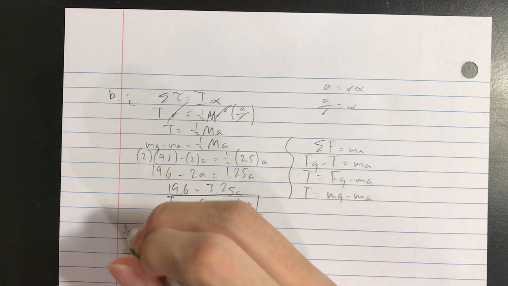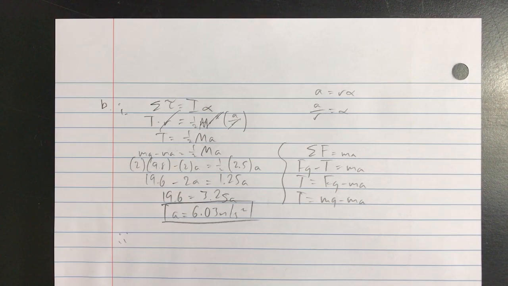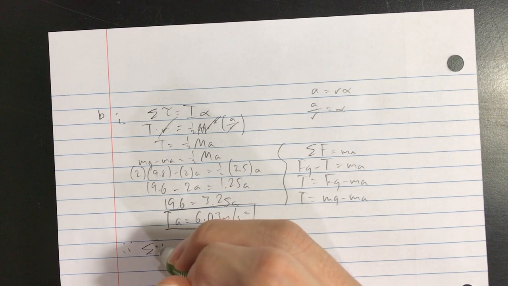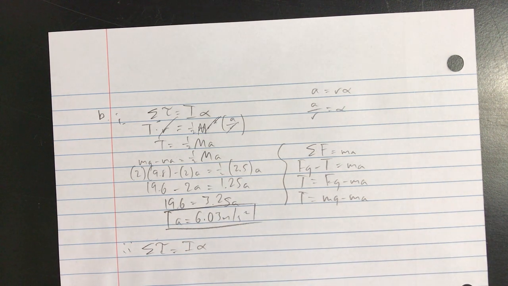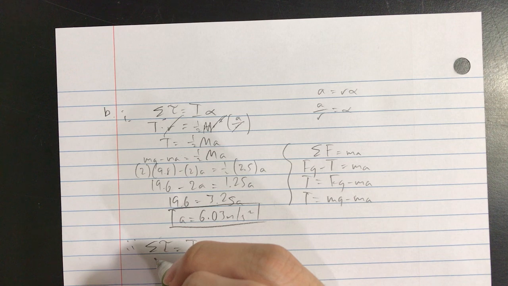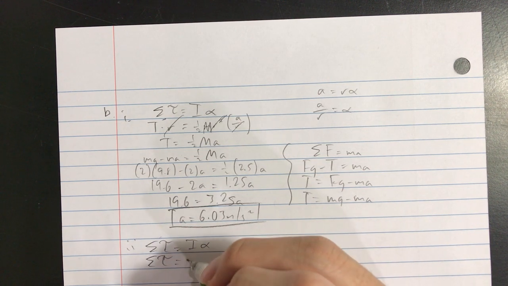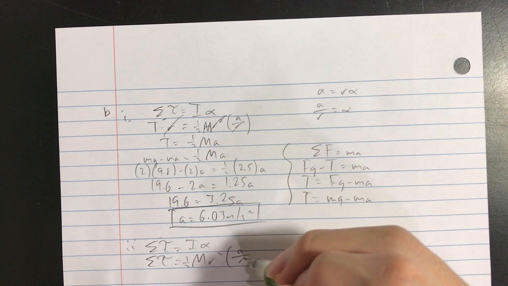Now part 2, if you remember, asks to find the net torque. So once again we have net torque equals I alpha, and we're not going to break down net torque this time because we need that for our answer. This will equal 1/2 M r squared times a over r.